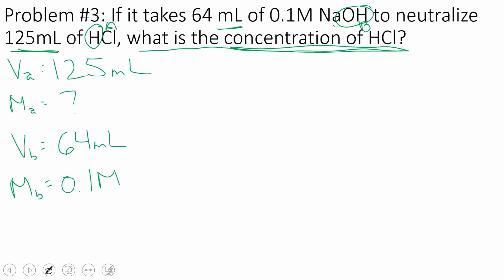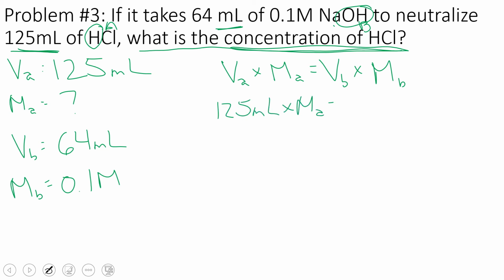So just like before, we put this into our final problem: VA times MA is equal to VB times MB. So let's plug it in. 125 milliliters times MA is equal to 64 milliliters times 0.1 molar.